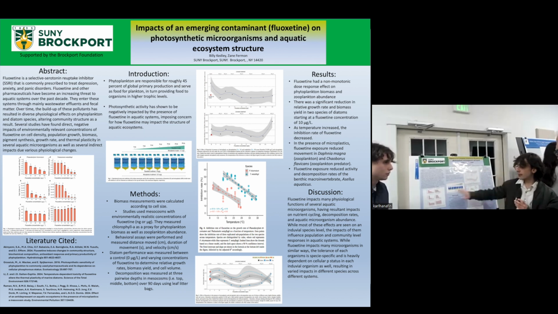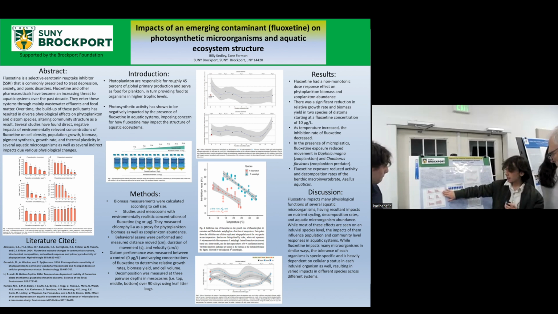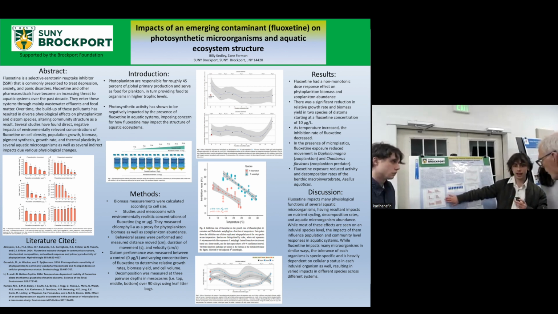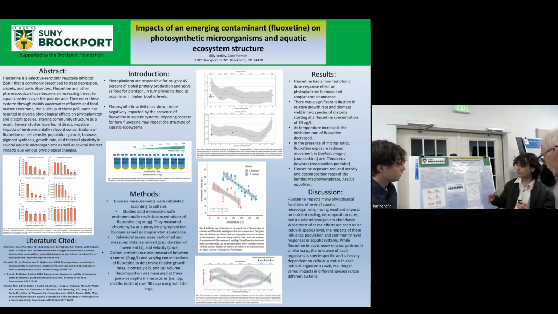Ultimately, fluoxetine didn't have much of an effect on cell volume, which you can see here: while it decreases in this species, here it actually increases as the concentrations go up. That's because fluoxetine was not found to have any direct effect on cell volume, rather indirect effects based on the other effects it had on biomass and relative growth rate mostly.